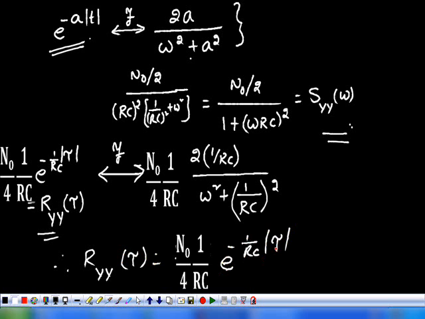See here, if you replace tau with minus tau, can we get the same value? So the important property of the autocorrelation is satisfied.